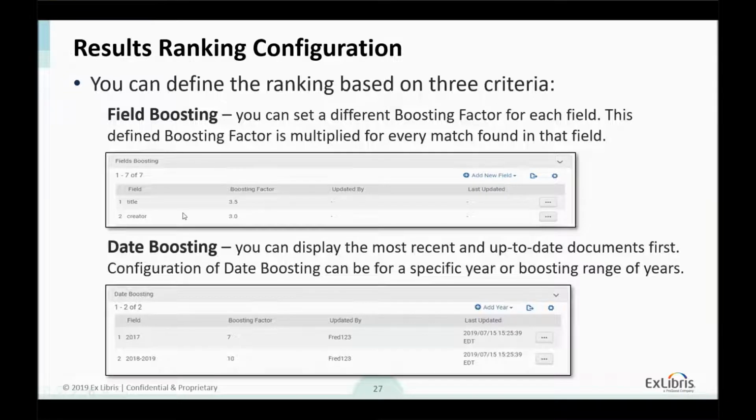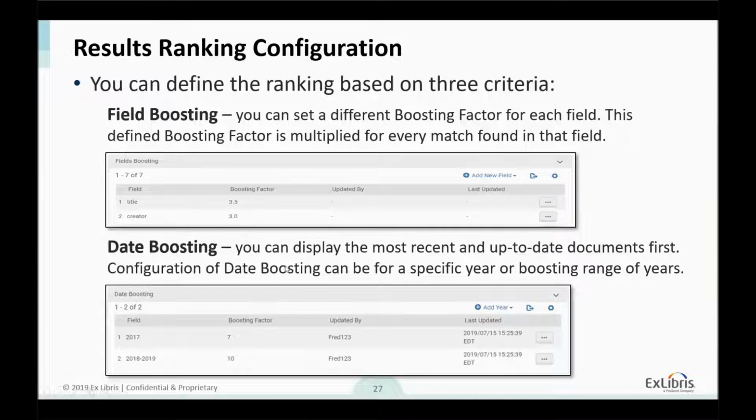You can also add new fields that are not listed, such as your local search fields, and provide the boosting factor. When you define the boosting factor, it's multiplied for every match found in that field. This is the meaning of field boosting.